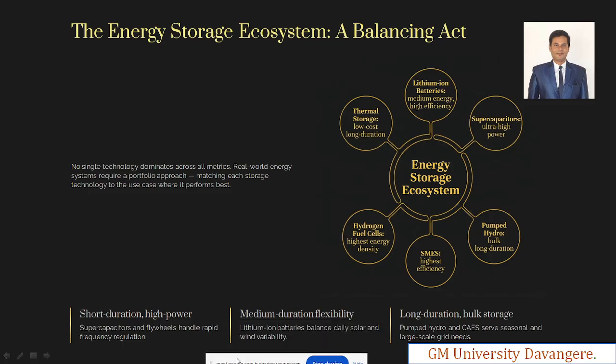When you talk about medium duration flexibility, you should switch over to lithium-ion batteries, where it will balance the hybrid grids. When we talk about solar and wind, where we have variability, we can charge from one source when resources are available, and if that resource is not available, switch over to the wind turbines for storage.